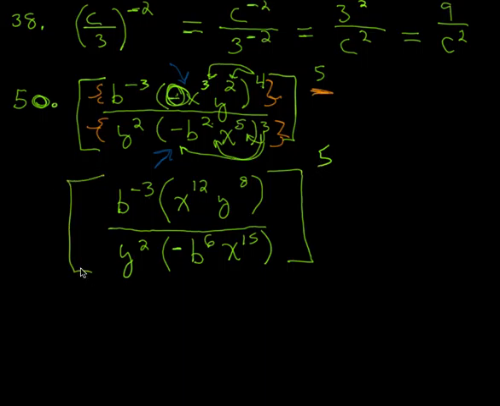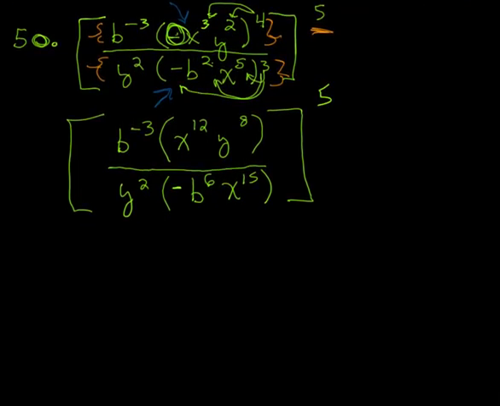Okay, wasn't too bad. We still have some work to do. Let me shift this here. So let's use our rules to bring the negatives. The only negative we have is with b.